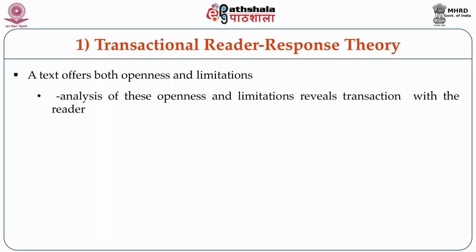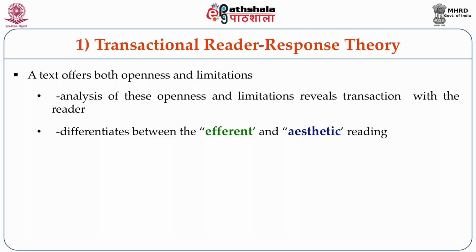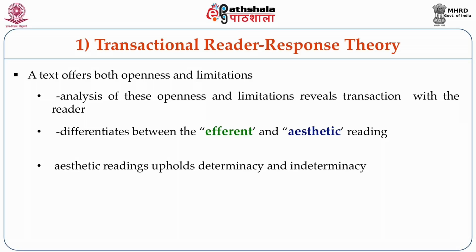Also, an analysis of this openness and limitations reveals transaction with the reader and differentiates between the efferent and aesthetic reading. And last but not least, aesthetic readings uphold determinacy and indeterminacy.